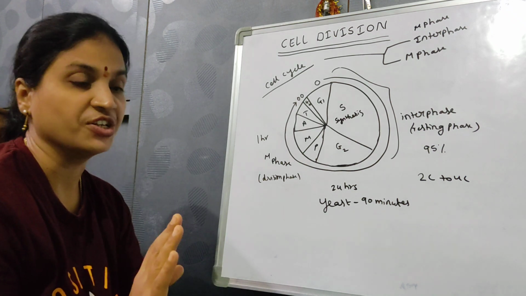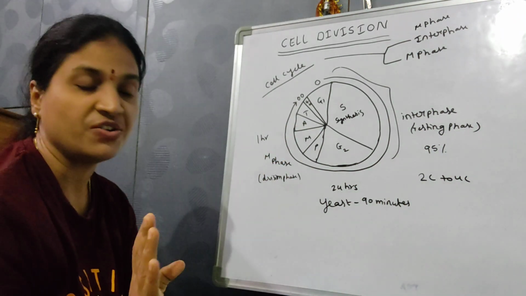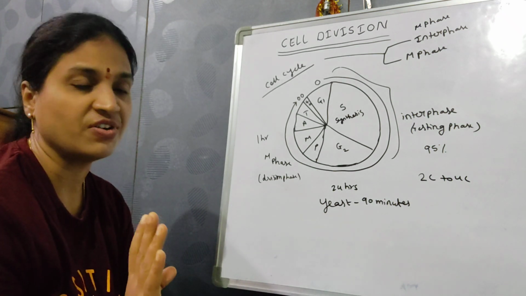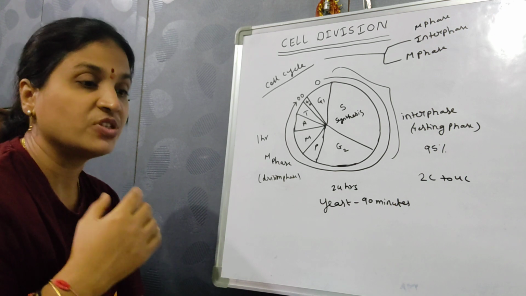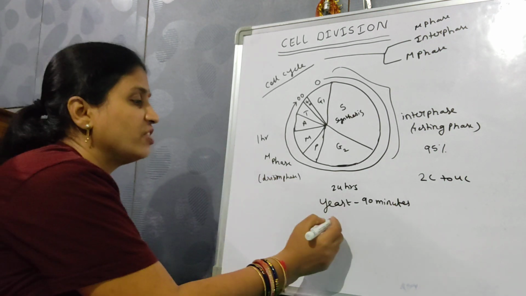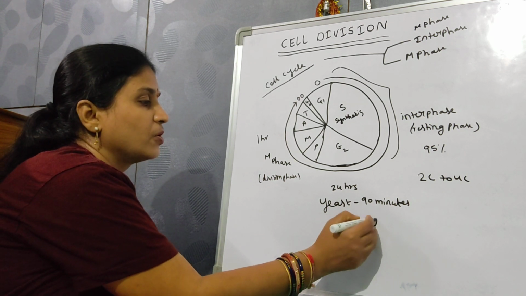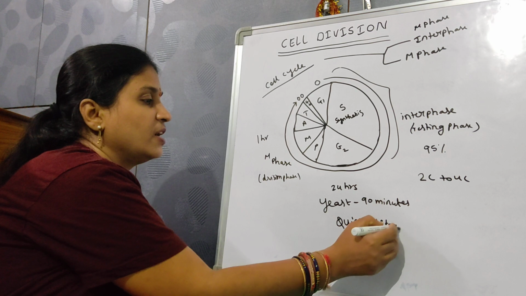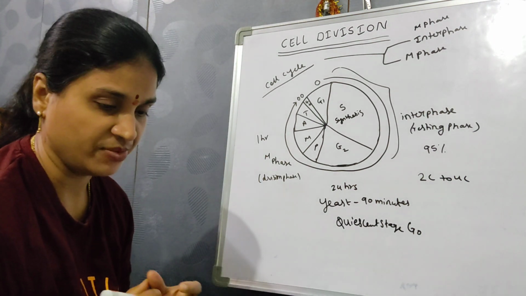They will enter into a stage called G0 phase. There will be no G1 phase. They are going to exit G1 phase. A very good example is heart cells. That G0 phase is nothing but the quiescent stage, where the cells are not going to show any division.